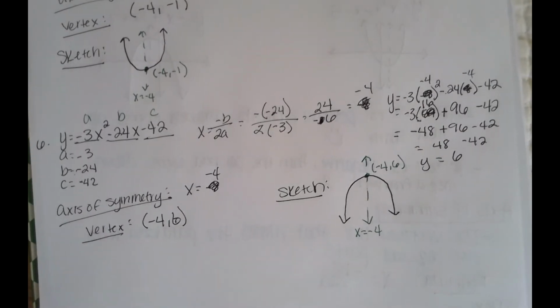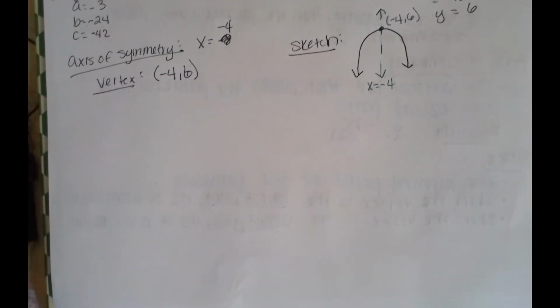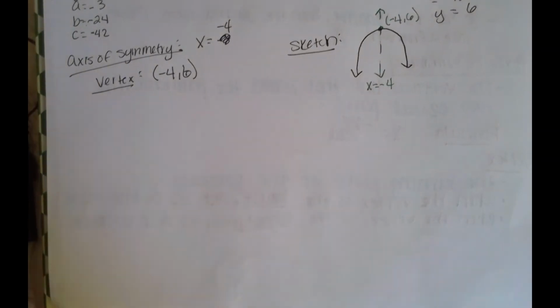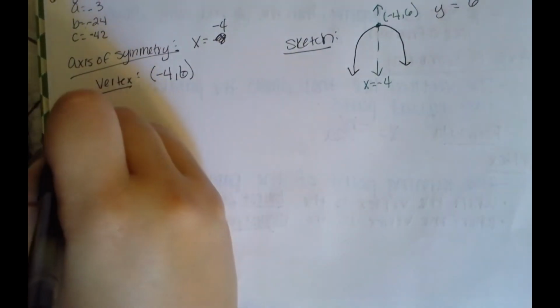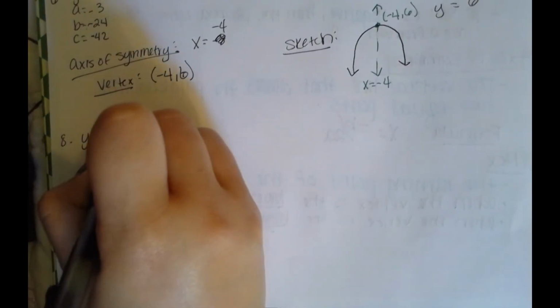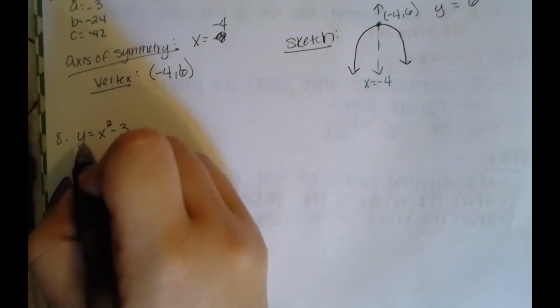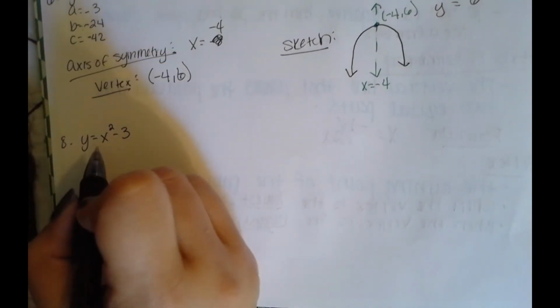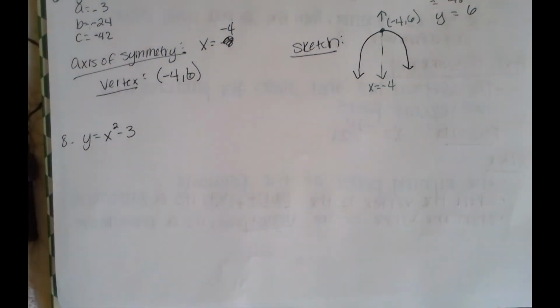And then last example, number 8: y equals x squared minus 3. If you notice something, instead of having a trinomial like we had on the other two, this one is a binomial because it only has 2 terms. You can see that it has its x squared and its regular constant, but it's missing that linear term, that x value.